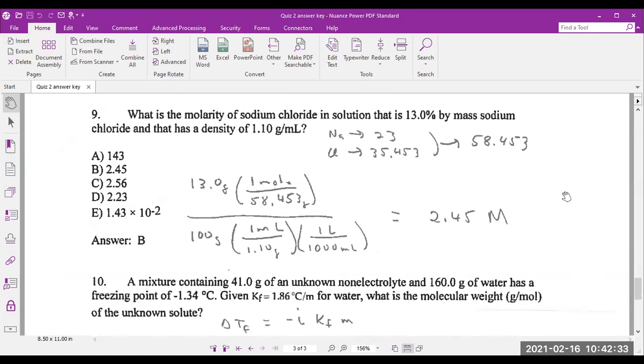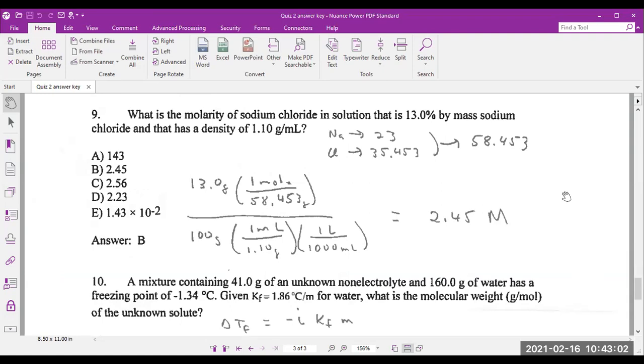Number 9, what's the molarity of sodium chloride in a solution that is 13% by mass sodium chloride and has a density of 1.10 grams per mL? So we want a value of molarity, which is moles per liter, so moles of sodium chloride per liter of solution.